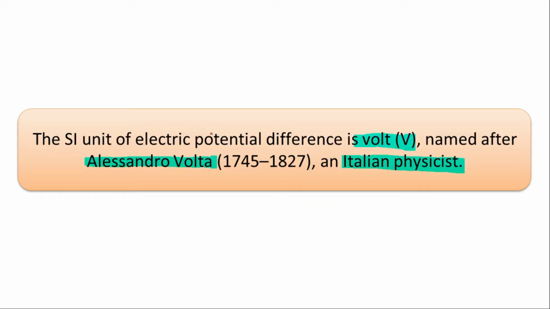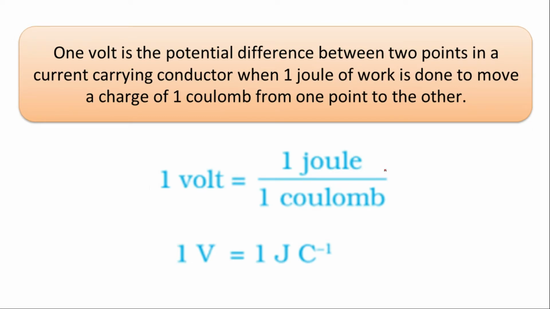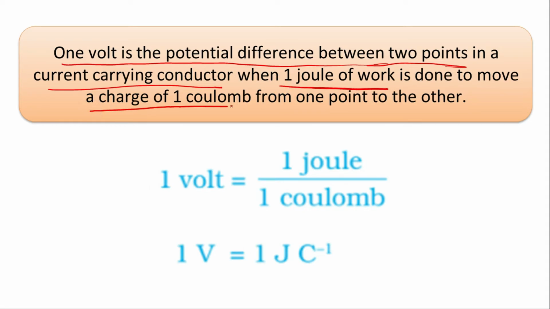The SI unit of electric potential is the volt, capital V, named after Alessandro Volta, an Italian physicist. Now this is also one important definition of 1 volt. 1 volt is the potential difference between 2 points in a current carrying conductor when 1 joule of work is done to move a charge of 1 coulomb from one point to another.